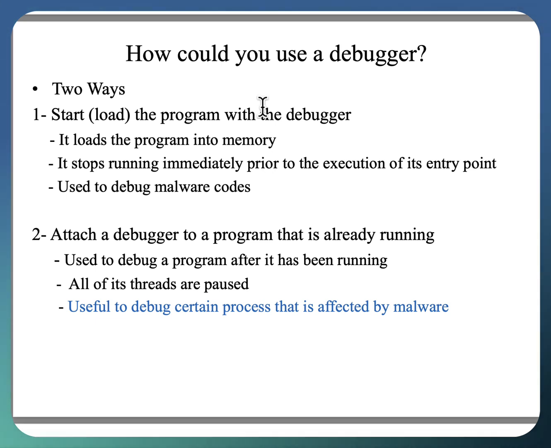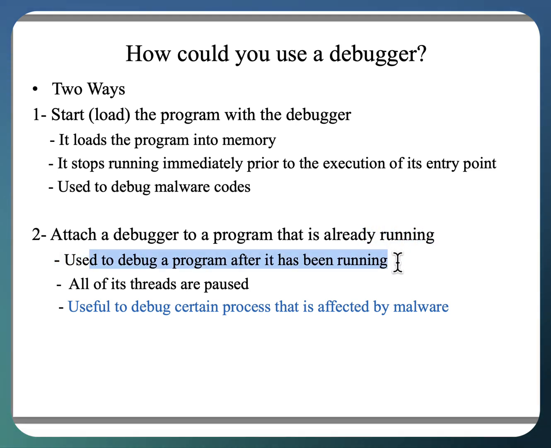Okay, now as far as ways of using a debugger, there are basically two ways. You can start the program with the debugger, so it loads the program into memory. It stops running immediately prior to the execution of its entry point, and it's used to debug malware code. You could also attach a debugger to a program that is already running.